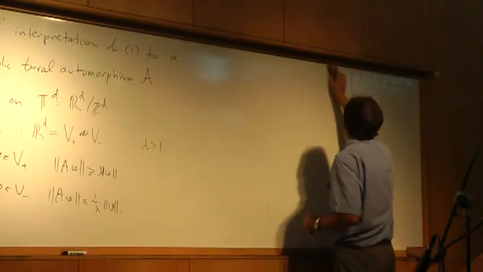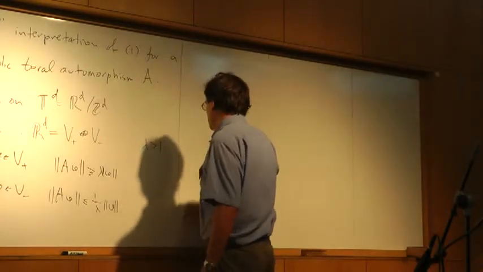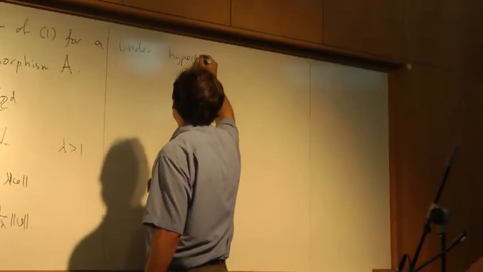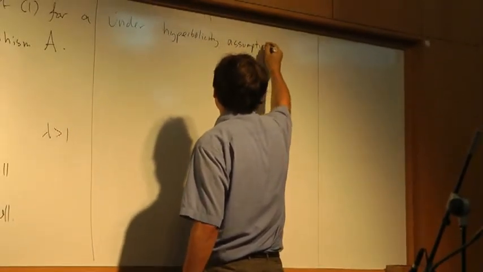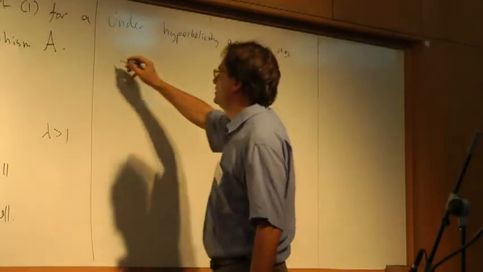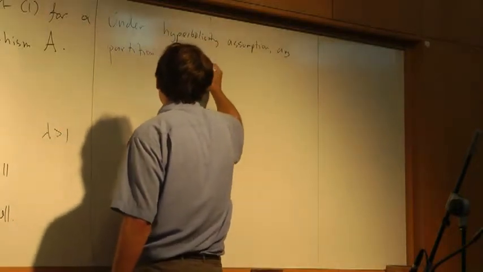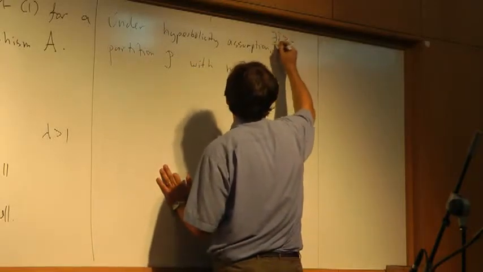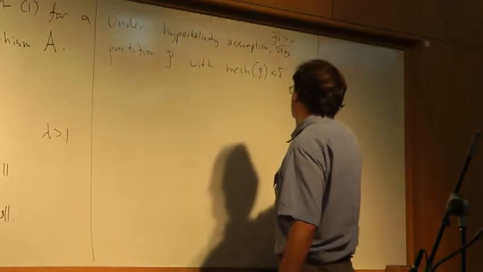Under these assumptions, it's quite easy to identify generating partitions. So under the hyperbolicity assumption, there will be some delta positive, so that any partition P with mesh of P smaller than delta is generated.